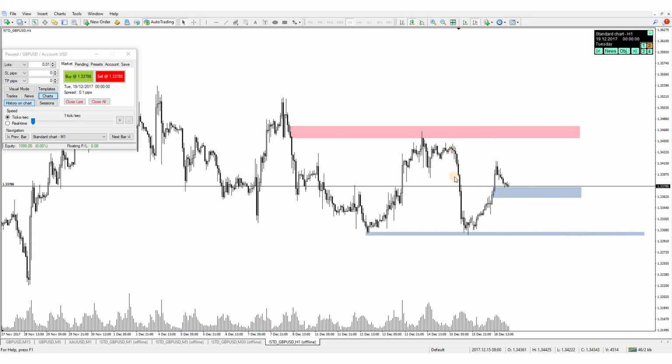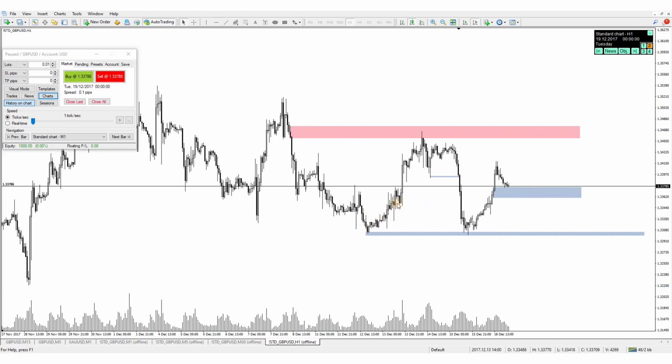And what is also important here, I would mark here a supply, and this is the thing where I get a lot of questions, why I am drawing the supply without an indecision candle. For me here is the break of structure, right?